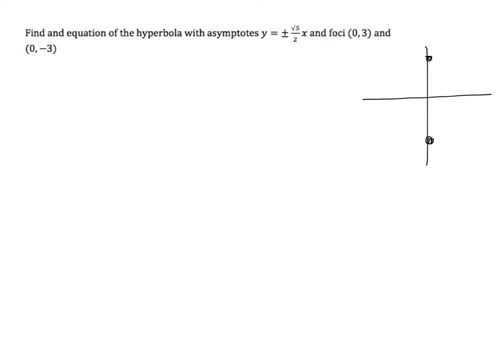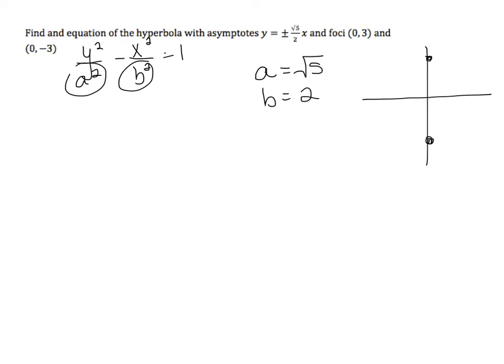And what is underneath y in this equation, so it'll be y squared over a squared minus x squared over b squared equals 1. So I would do square root of A over square root of B. That tells me that A is square root of 5 and B is 2.